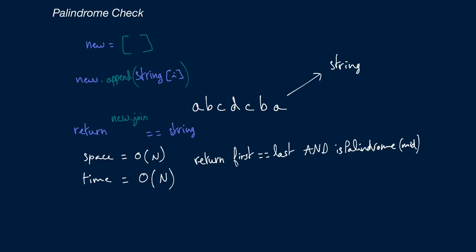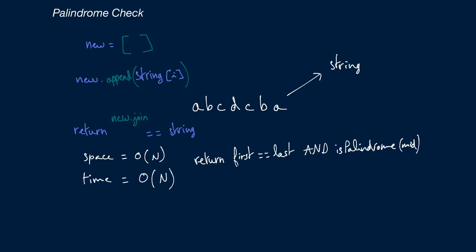We're first checking the first and last letter, A and A. And then we're calling isPalindrome on the middle string, which is going to check the second letter and the second to last letter, B and B, and call isPalindrome on CDC, which is then going to check that C is equal to C, and then call isPalindrome on D, and then we're going to hit a base case and we'll be done.